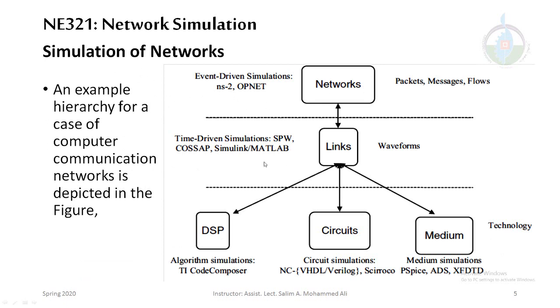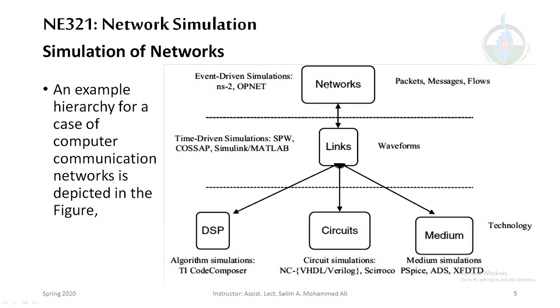Okay. This figure actually explains how network simulations can be encompassed by very different simulators. An example hierarchy for a case of a computer communication network is depicted in this figure. For example, in event-driven simulations, NS3 or OPNET or NS2 deal with networks, entities, and links.